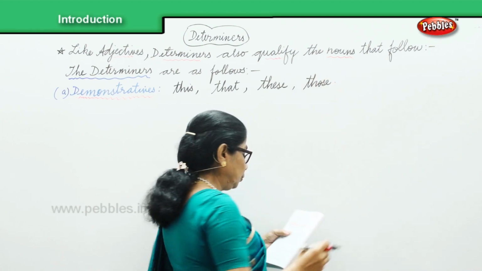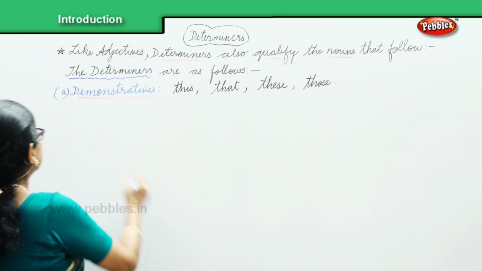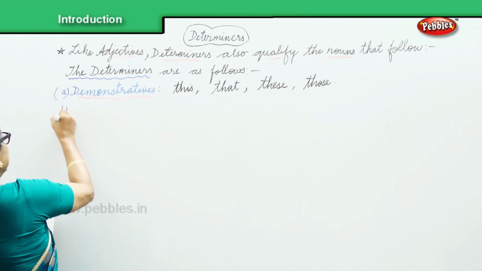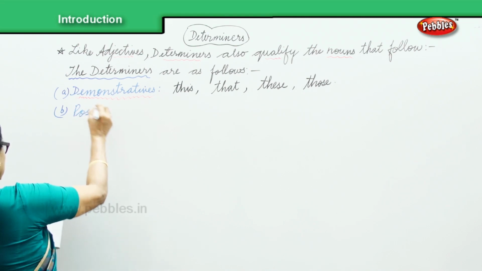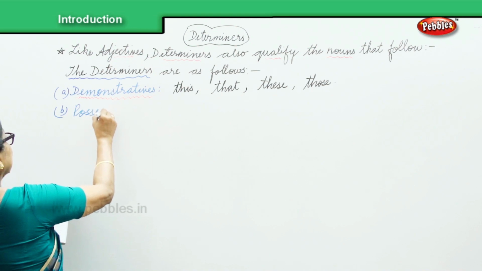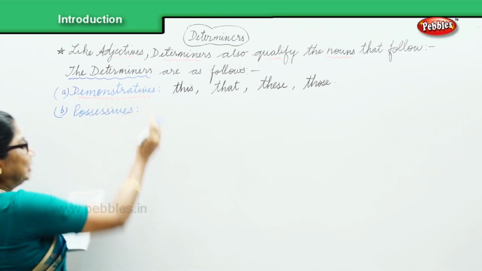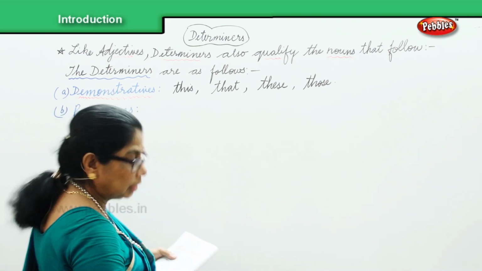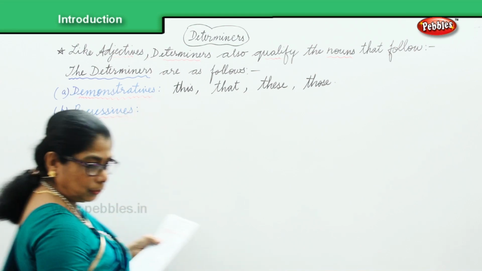And the second one, B, as possessives. As possessives, let's look at the words.